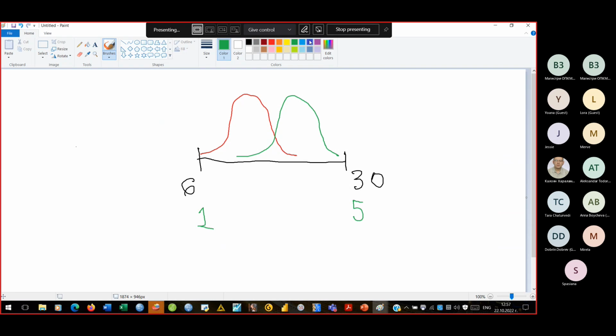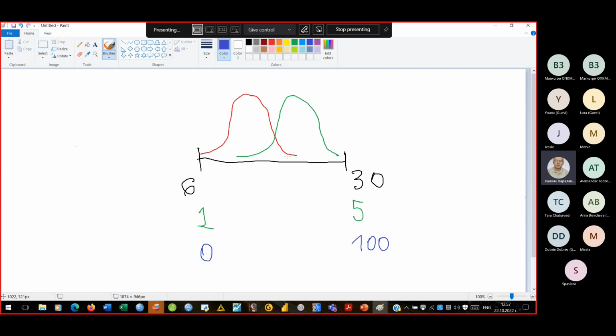If we calculate index, the scale becomes from 0 to 100. But again, these two distributions remain the same. They are not changed.